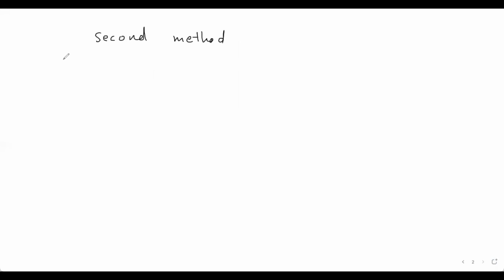In this method, we write x1, y1, x2, y2, x3, y3, then again x1, y1. Here x1, y1 is 1, 2. Just substitute the values: 1, 2, then 0, 0, then a, b, then again 1, 2.